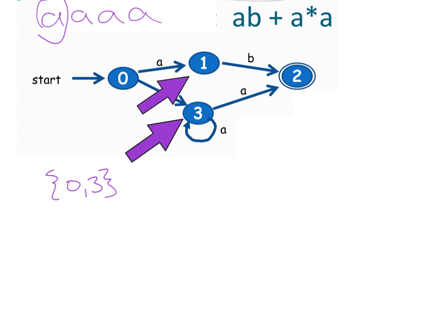And let's take this arrow and rotate it a bit so it's out of the way. Before processing that first A, I could also have started at state 3, right? And if I started at state 3, there are actually 2 places I could end up, because I could do that loop and stay at 3, or I could follow this transition and end up at 2.